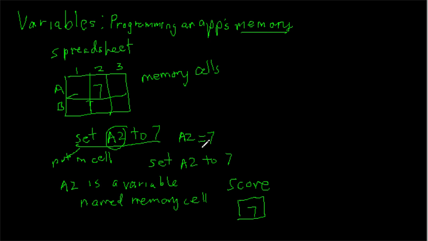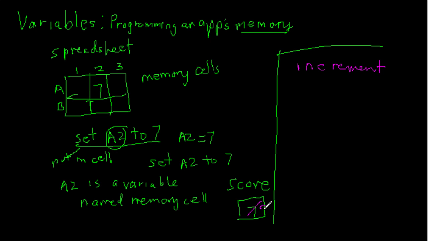Okay. So the next thing I want to talk about is incrementing. Let me make some room here, and I'm going to change color a little bit. What I want to talk about is something like you might see in a game, where you've got a score. And really what you want to do is change the score from 7 to 8.